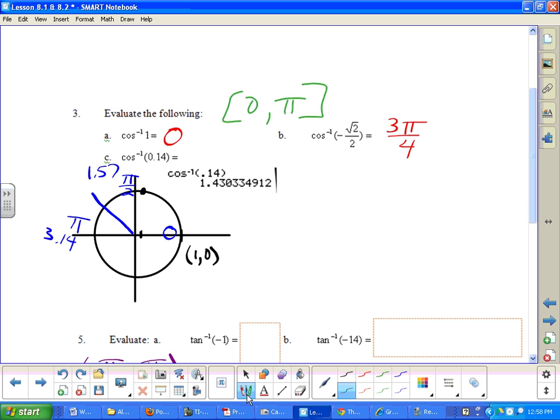If I drew this triangle here, it would be like that, which means I'd have this angle, which is almost pi over 2, okay? A little bit less than that. So that number should make sense to you mathematically, okay? It's not just some number that pops up, okay? I want you to understand where it comes from and why it's there.